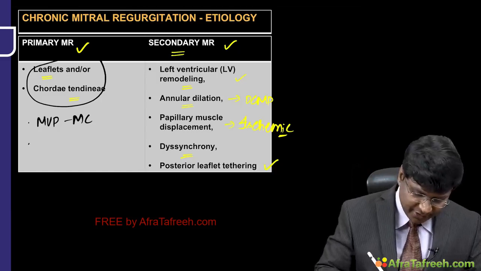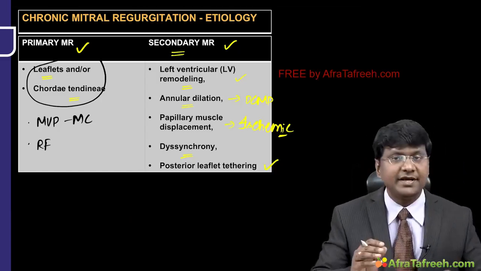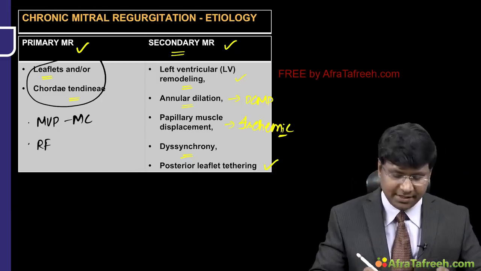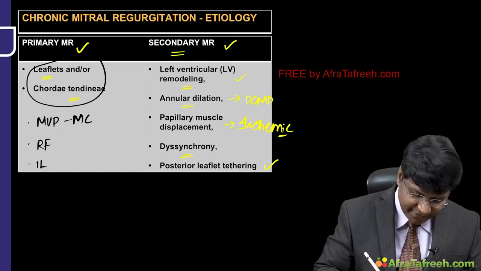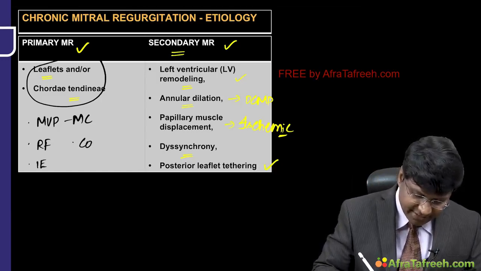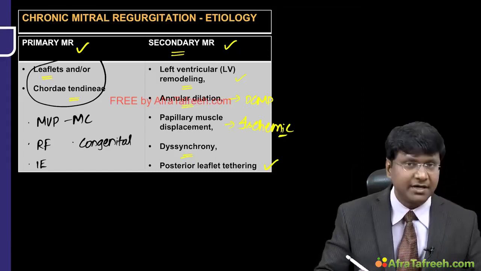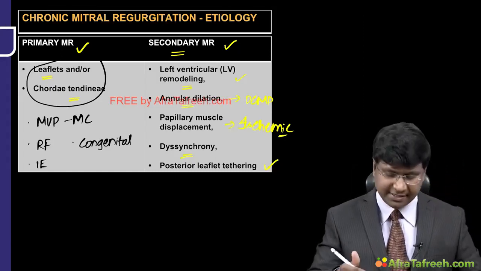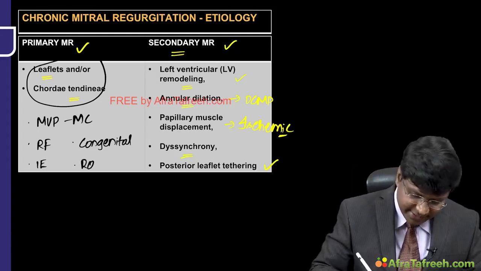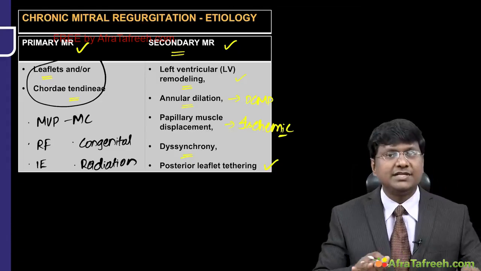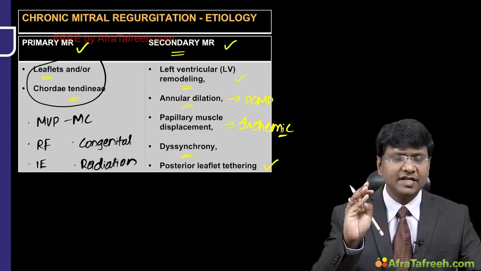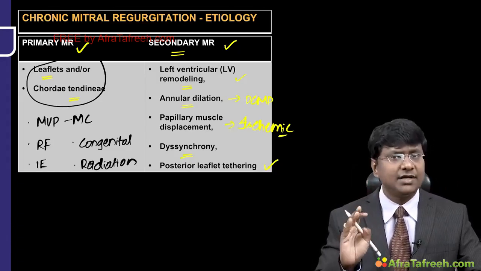The other important etiology causing primary MR is rheumatic fever. Next, healed infective endocarditis. There are some congenital causes associated with primary MR, which I'll discuss in detail. Next, radiation can cause primary MR. So these are the etiologies. The pathology will be either in the leaflet or in the chordae tendineae.